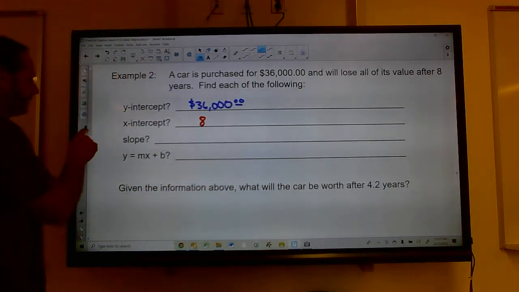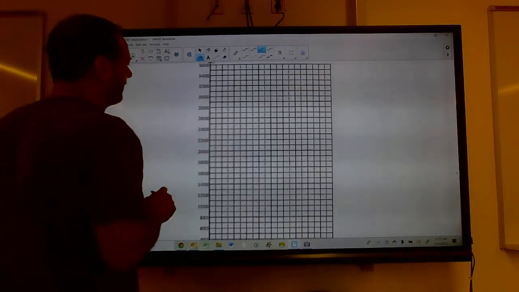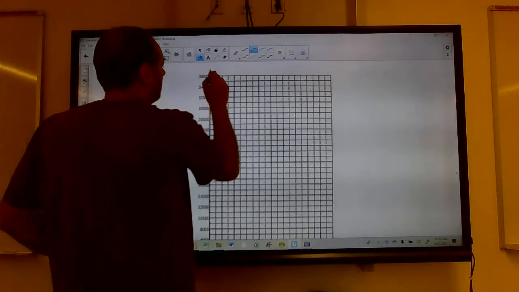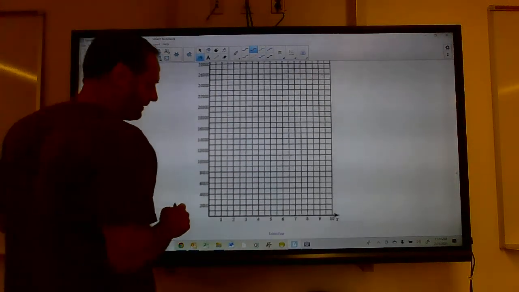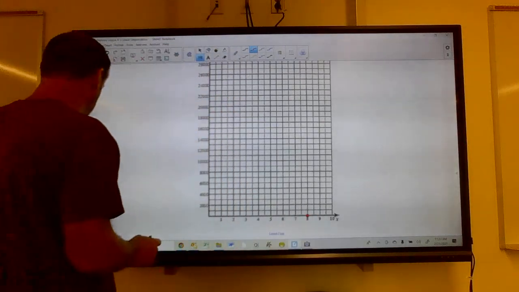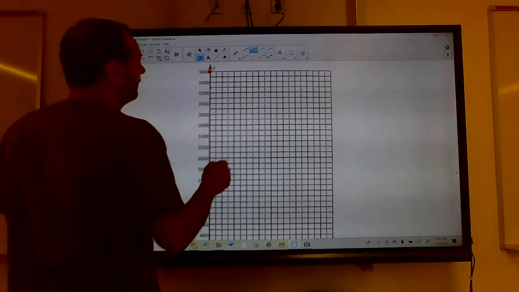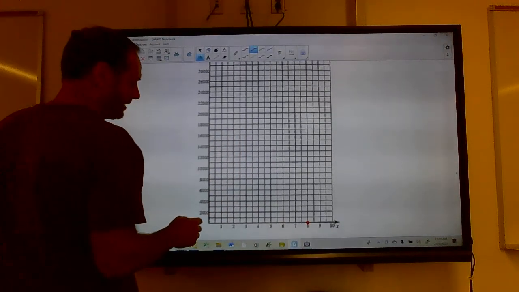If I look at my graph, 36,000 is there, and 8 zeros is right there. Oh man, this is going to be tough to make this line.